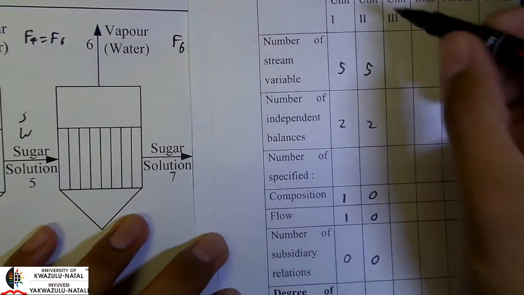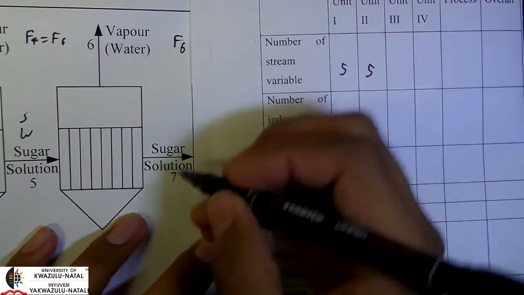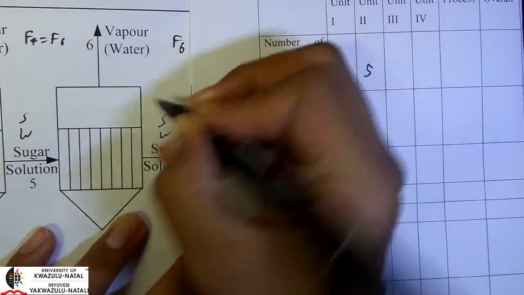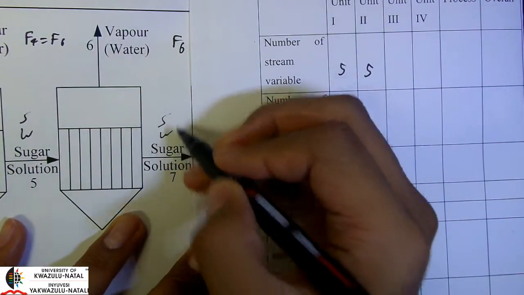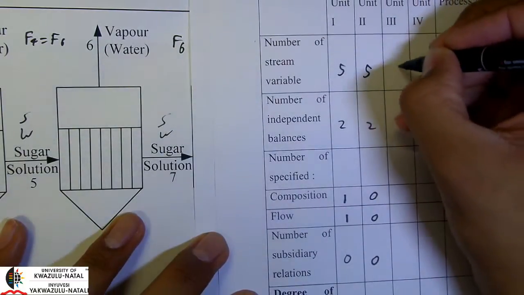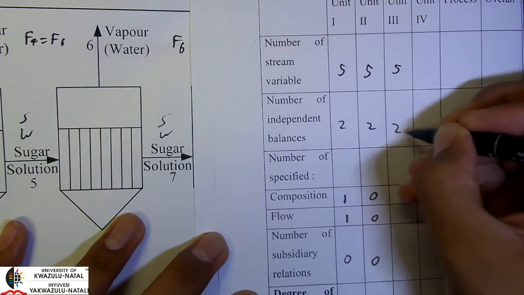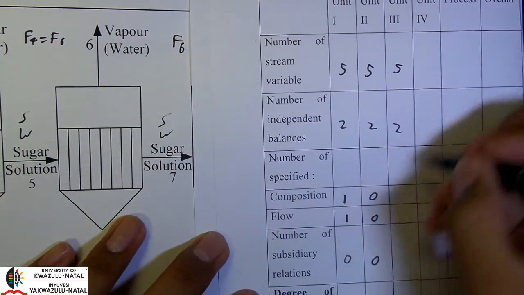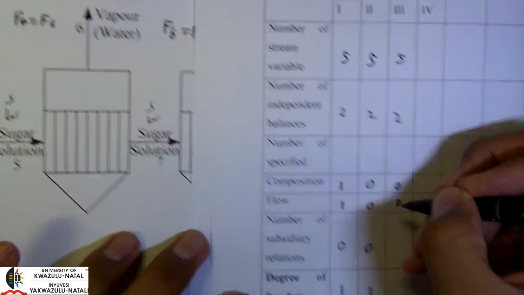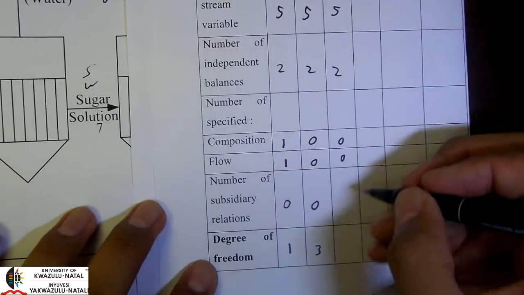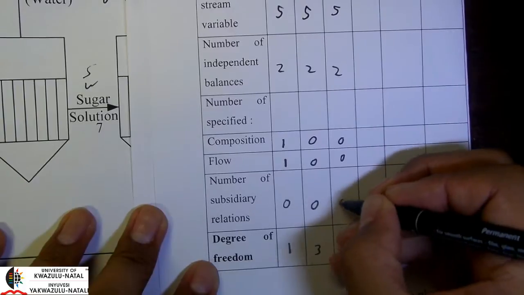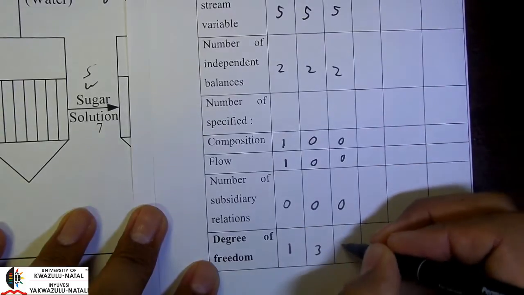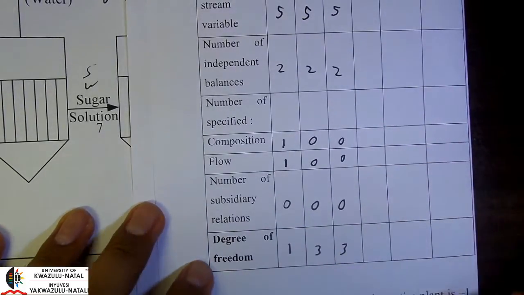And for our third unit, we have once again sugar, water as well as water, so that's 5. 2 balances once again, and no specifications or subsidiary relations. So once again a degree of freedom of 3.